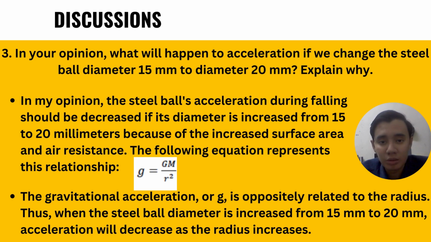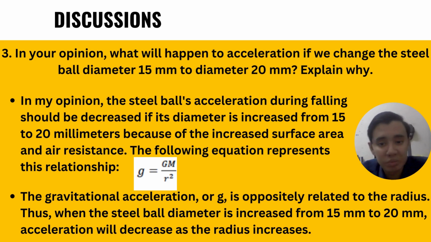In your opinion, what will happen to the solution if we change the steel ball diameter from 15 mm to 20 mm? Explain why. In my opinion, the steel ball's acceleration during falling should decrease if its diameter is increased from 15 to 20 mm because of the increased surface area and resistance.